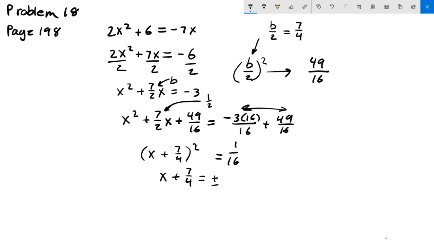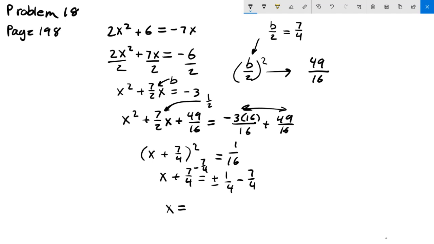There we go. Equals plus or minus 1 over 4. So then we subtract this from both sides. Excuse me, it should be a minus sign. I keep putting a 2 for some reason. There we go, 7 over 4. These simplify out.